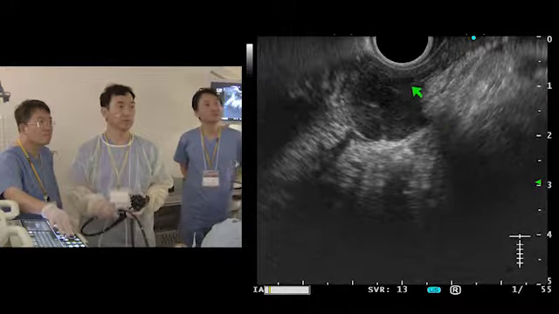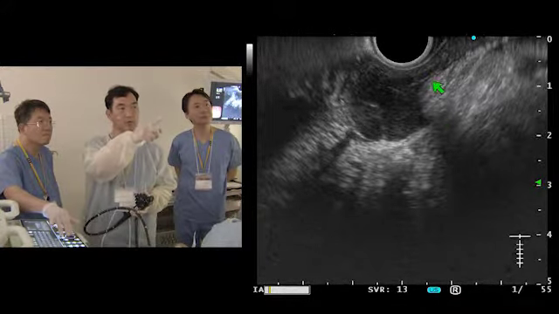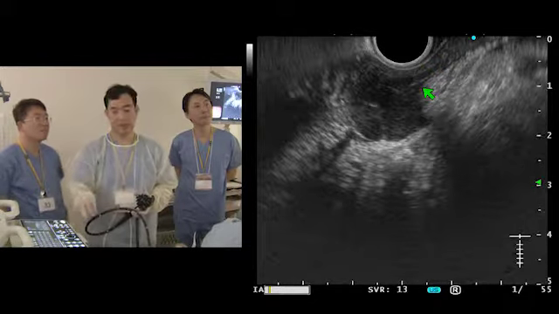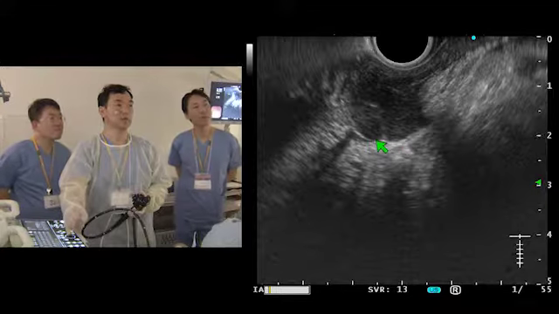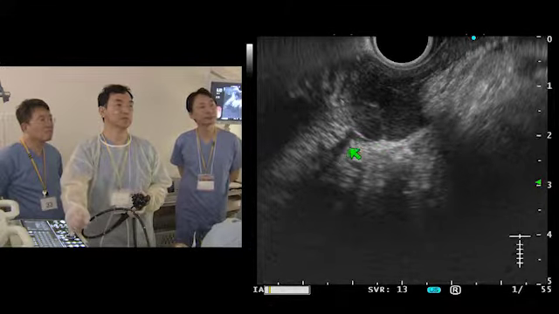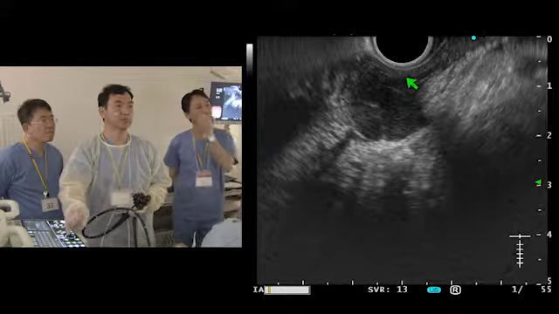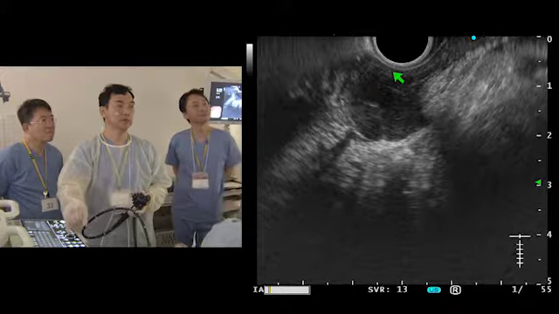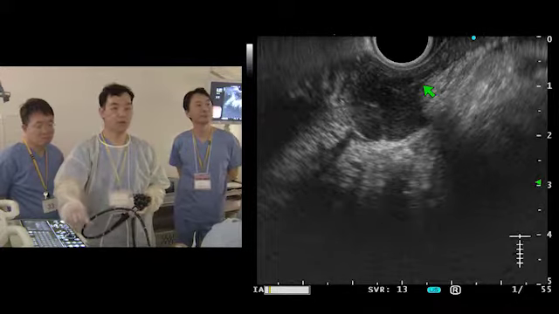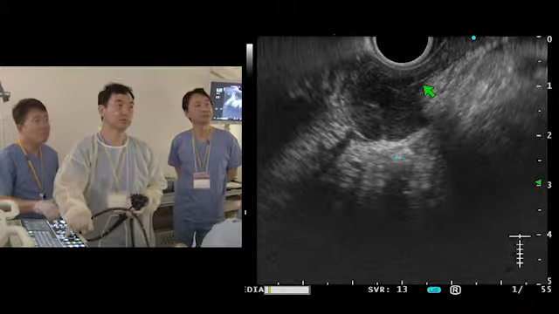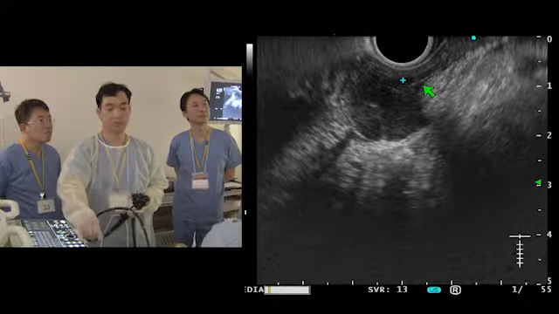On the right side, that's the muscularis propria, and then there's a hypoechoic mass connected to it, and connects down to the muscularis propria. During endoscopy they saw this little nodule, and this is a solid hypoechoic nodule within the esophagus. The exposed portion is about 1 to 1.5.